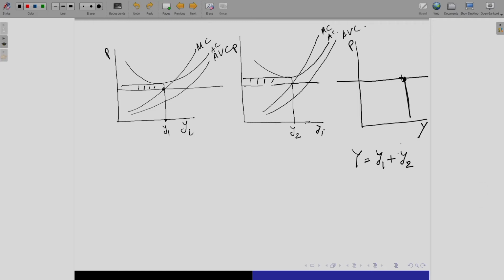This is Y1 plus Y2. So for each price we will get this much, this much. So it will be the sum of this curve plus this curve. So the supply curve is going to be something like this. This is the market supply curve.